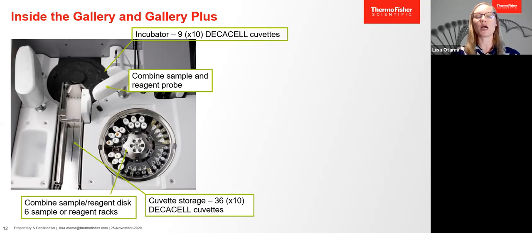We also have a combined dispensing probe, which automatically dispenses the desired amount, and an automated mixing procedure, so there's a mixer that automatically mixes the solution. For those who are also testing ECM, so pH and conductivity, we have an optional ECM module, which has its own dispensing probe.